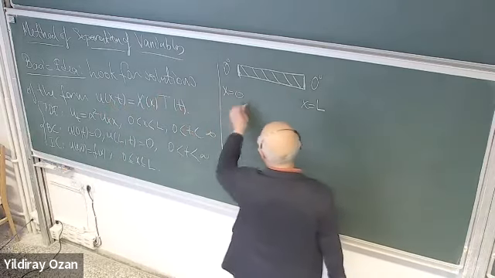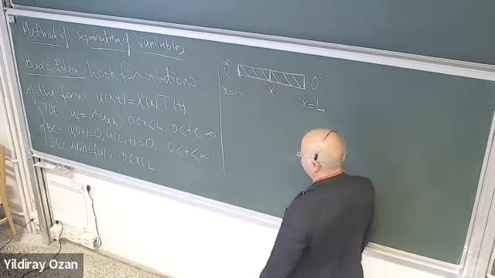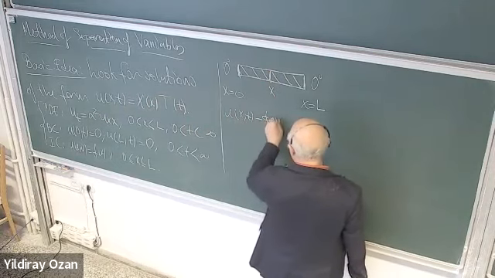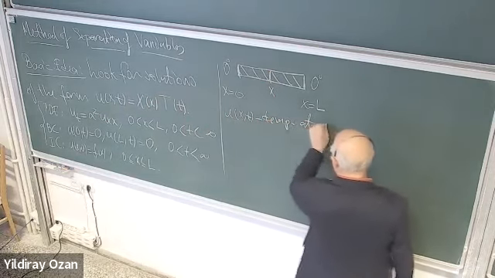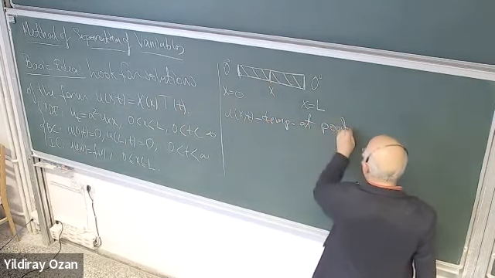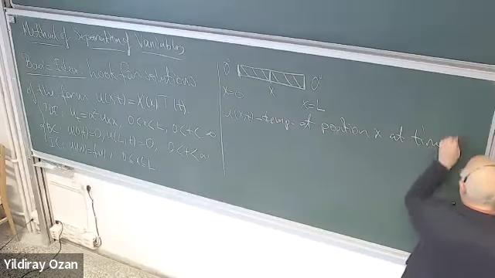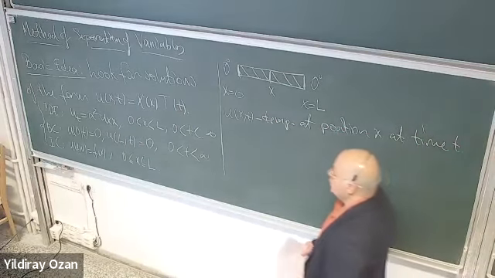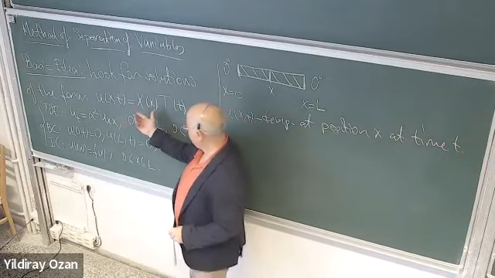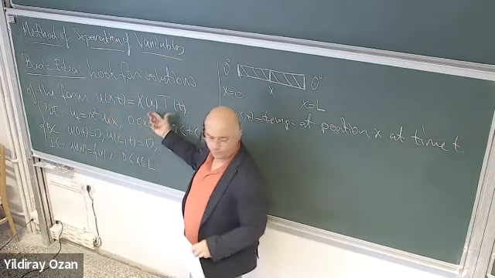So u(x,t) is the temperature at the position x and at time t. But to keep life simple, first we assume that our solution has this form.